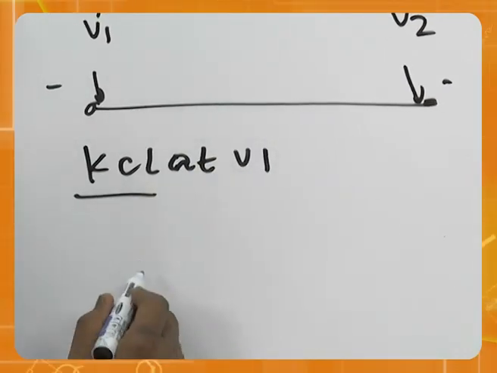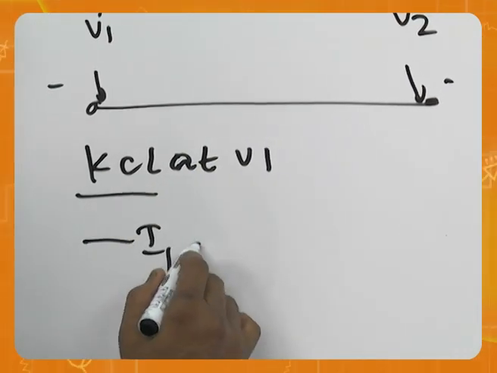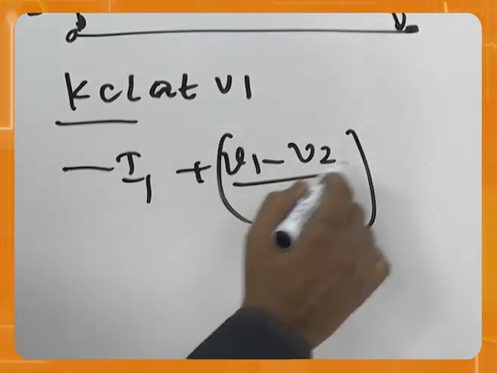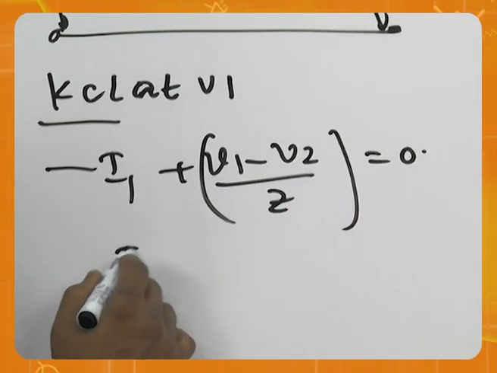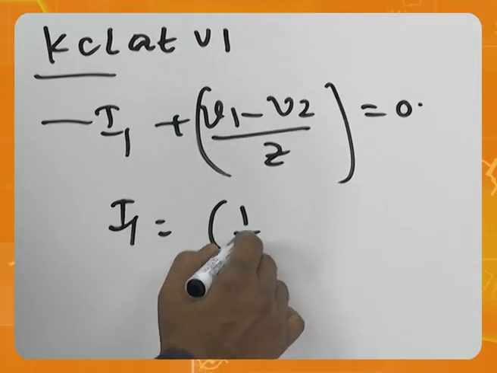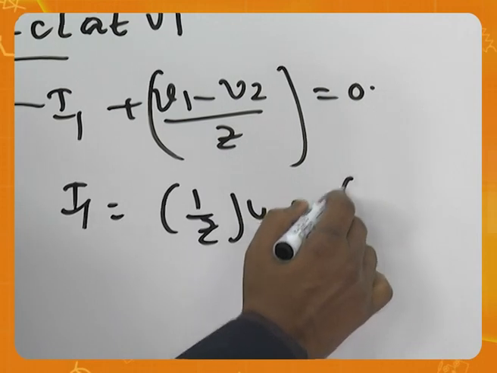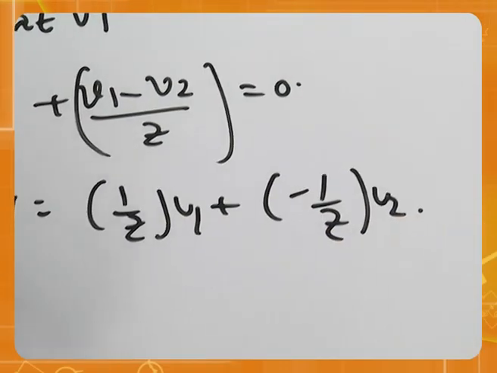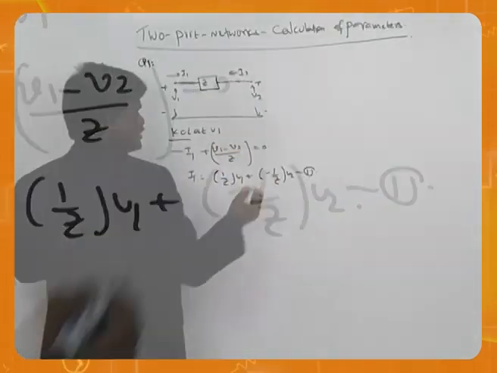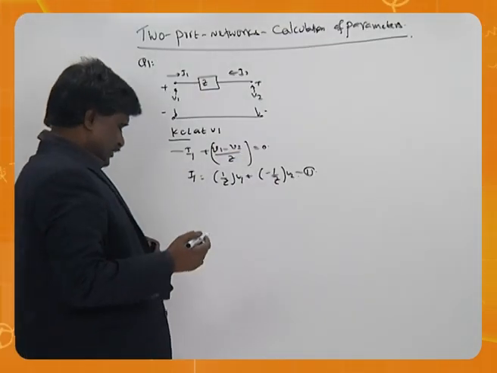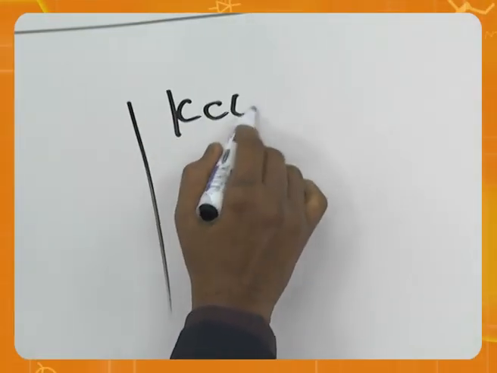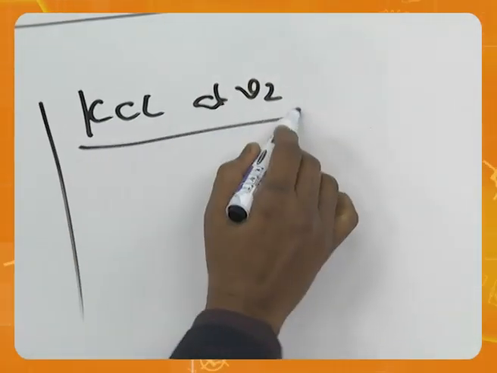KCL at V1: minus I1 plus (V1 minus V2) by Z is equal to 0. So I1 is 1 by Z into V1 minus 1 by Z into V2. This is our first equation. Then go to KCL at V2.